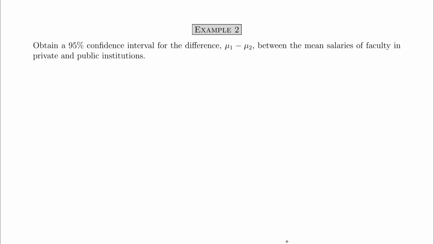So for a 95% confidence interval, our alpha is 0.05. We know that our degrees of freedom is equal to the sum of the sample sizes minus 2, which will be 63. And then we can also go back to the t table.